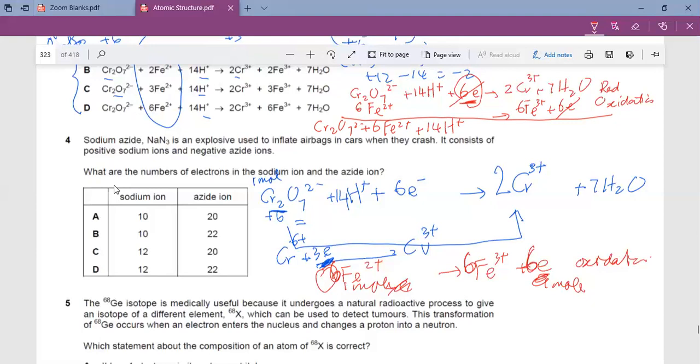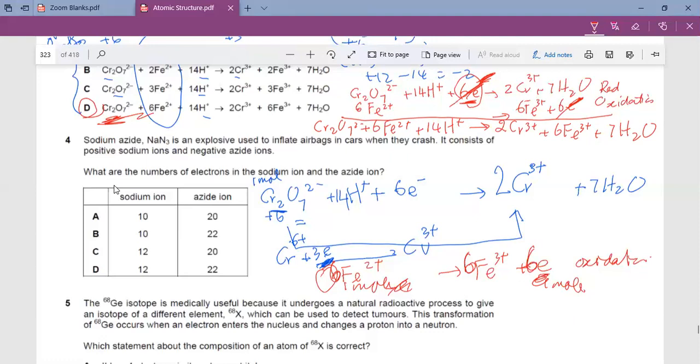The electrons must be balanced, must be the same. There are no electrons in the final equation, to give you arrow 2 Cr3 plus, 6 Fe3 plus, plus 7 H2O. Now you tell me which is the correct answer. Obviously the last one is D.